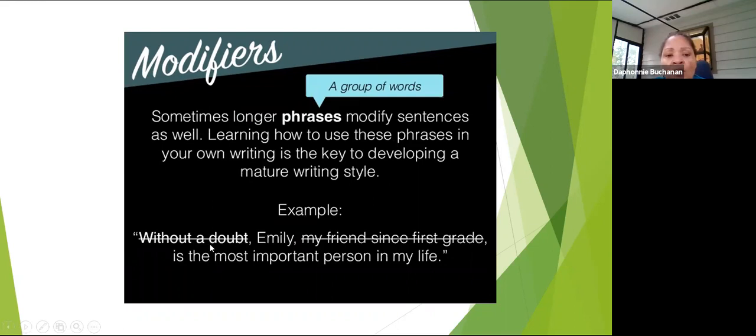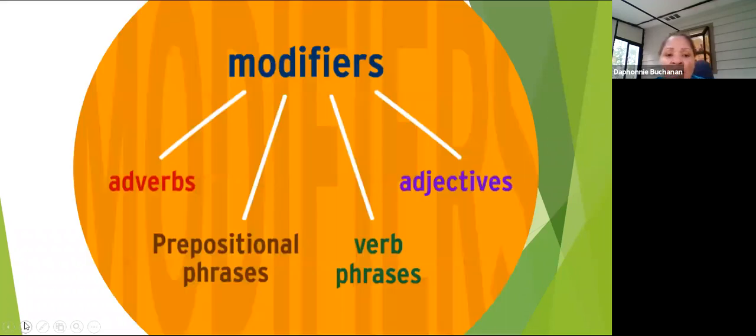And then here, "Without a doubt, Emily, my friend since first grade, is the most important person in my life." So I don't need "without a doubt," and I don't need "my friend since first grade." I just need to know she's the most important person in your life. So do you guys sort of get what I'm saying? When you write, you have to try to be as specific as you can and not use so many words like "very, very," or "so."